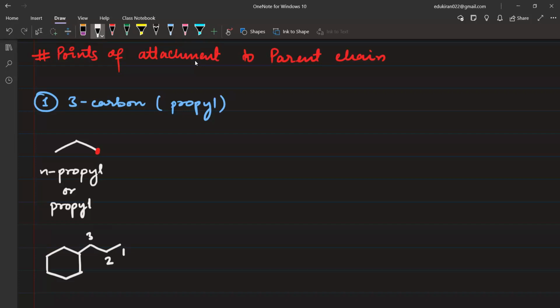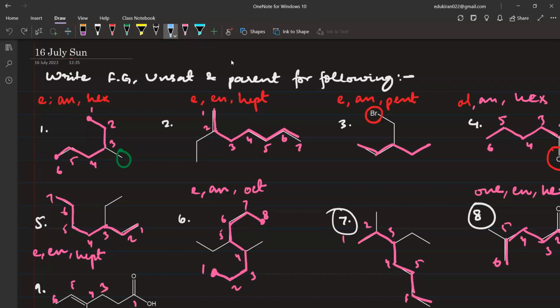You may see that this 4th carbon also is a part of the ring. That will be your parent chain, right? Yes, sir. Okay, it's just an illusion that you see 4 carbon. Oops, my bad.